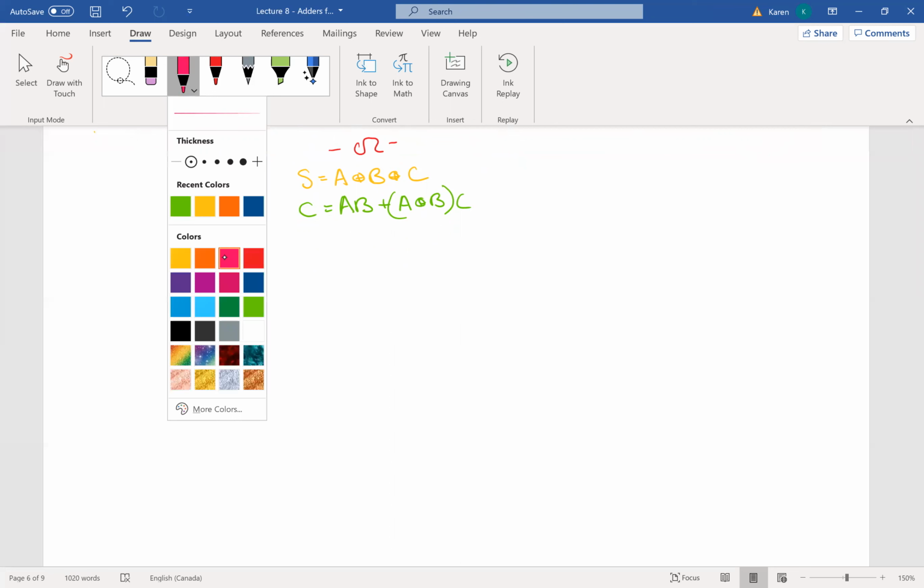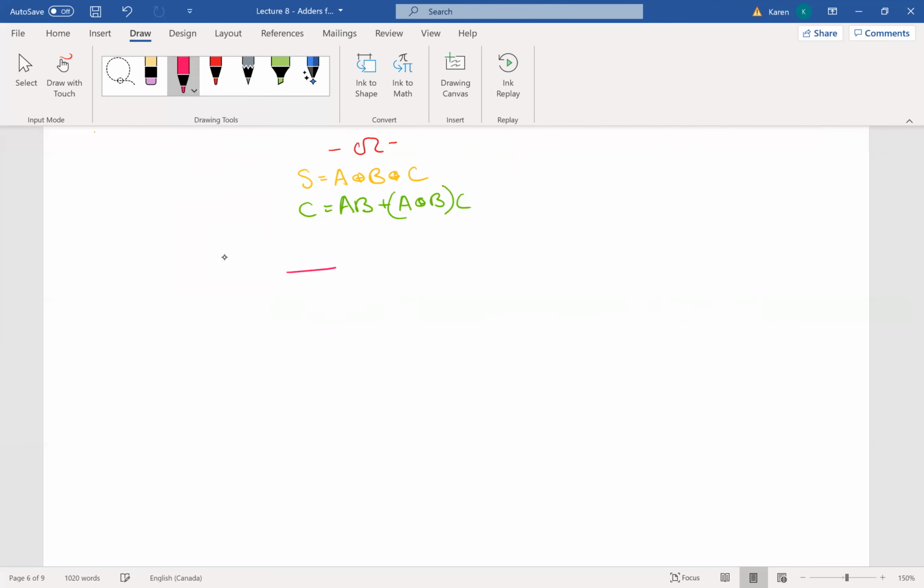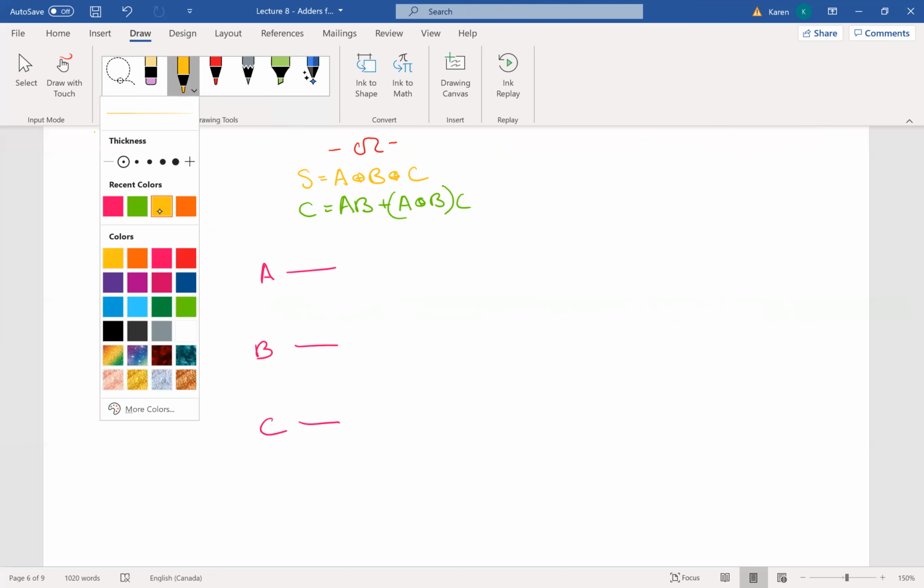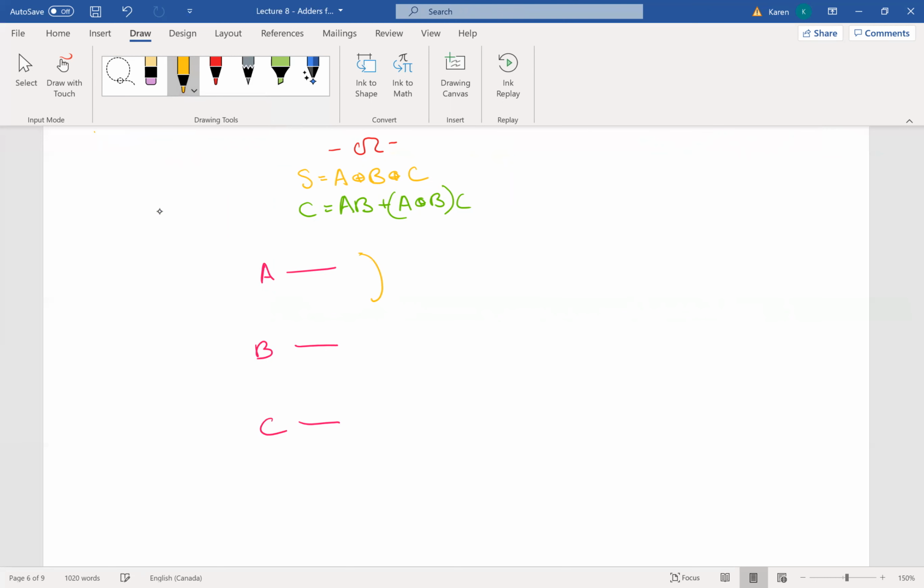So we would say, well, we have some inputs. We have A, B, C. For the sum, we'd have A exclusive OR B, which needs to be exclusive ORed with C. So A exclusive OR B exclusive ORed with C would be sum.